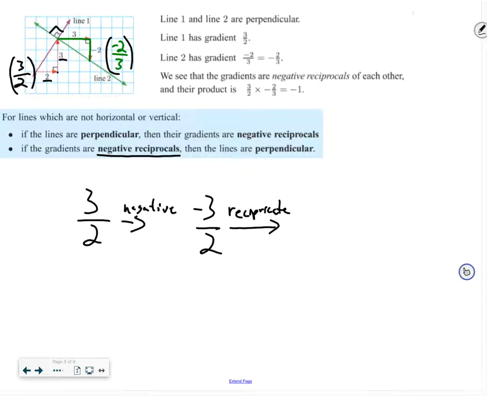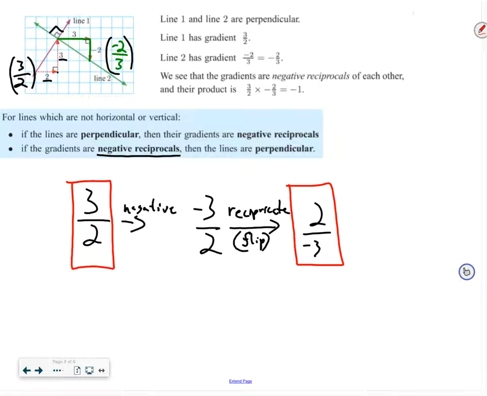Reciprocate means to flip. So if we flip that, we get 2 over negative 3. So we know that lines are perpendicular if and only if their slopes are opposite and reciprocated.